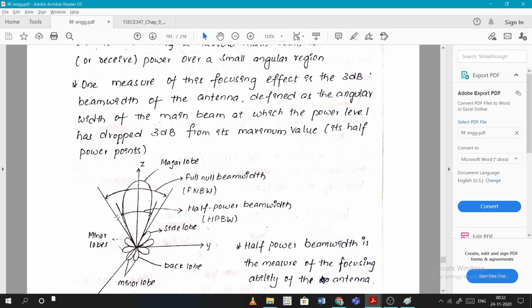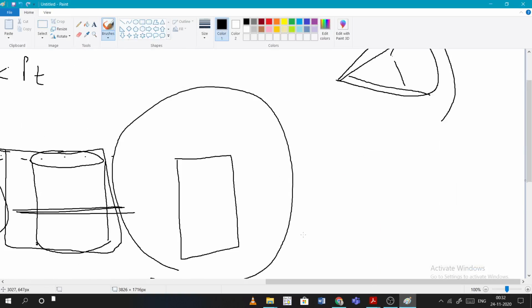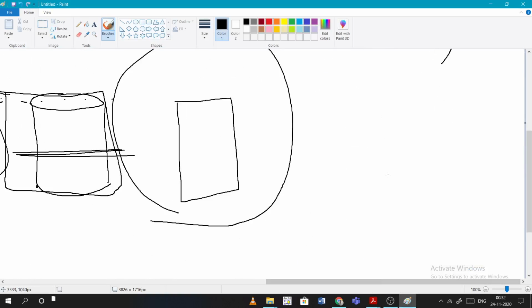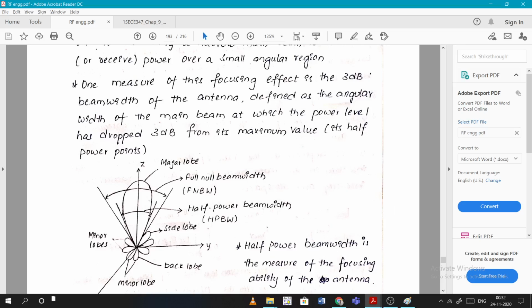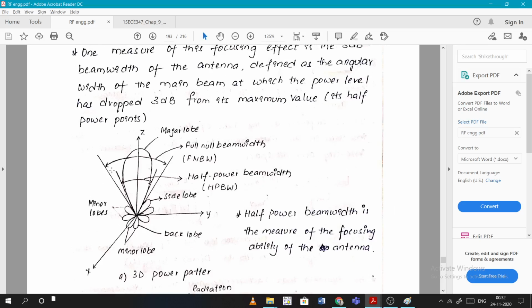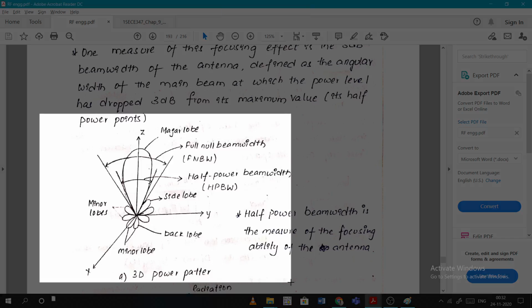Another way to understand it from the diagram: when you observe the main lobe and draw parallel lines like this, let us take this diagram only, you will understand.